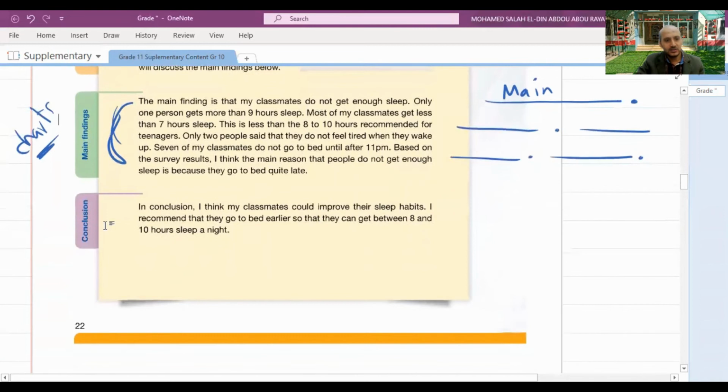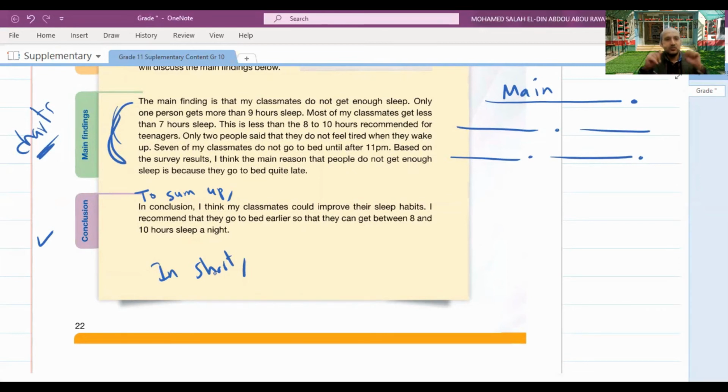Let's go to the last section, which is the conclusion. In the conclusion, you just end it, you sum up. In conclusion means to sum up, like in short. In conclusion, I think my classmates could improve their sleep habits.